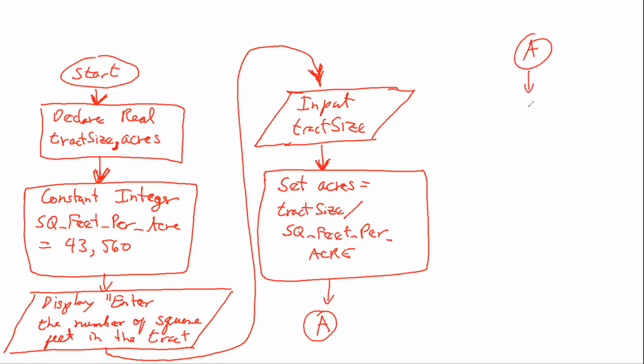Once you have your result here, now we can print out the results simply. So I'm going to say display the size of that tract. So display in the messages, the size of that tract is, and then leave a space, probably double quotes, comma, and then just say acres, which is the variable acres.